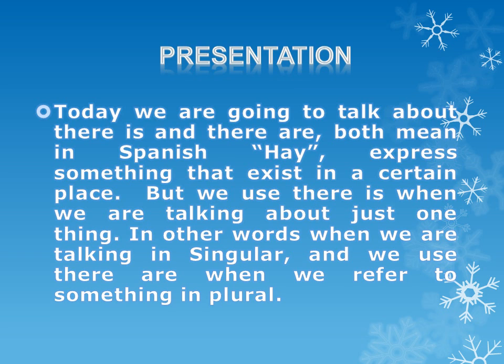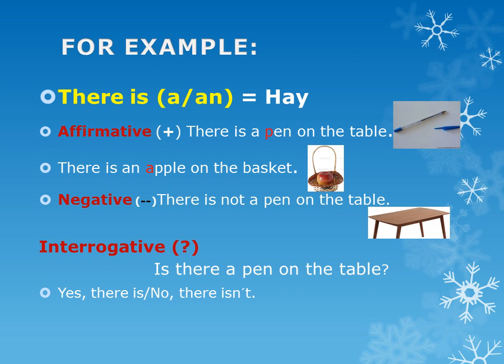But we use there is when we are talking about just one thing, in other words, when we are talking in singular, and we use there are when we refer to something in plural. For example, with there is, we can use a and an. It depends on the noun.